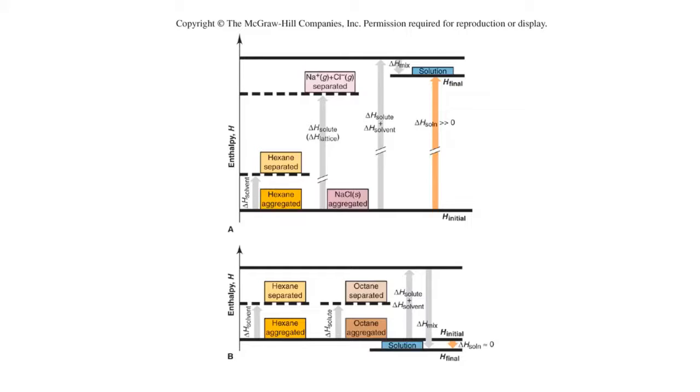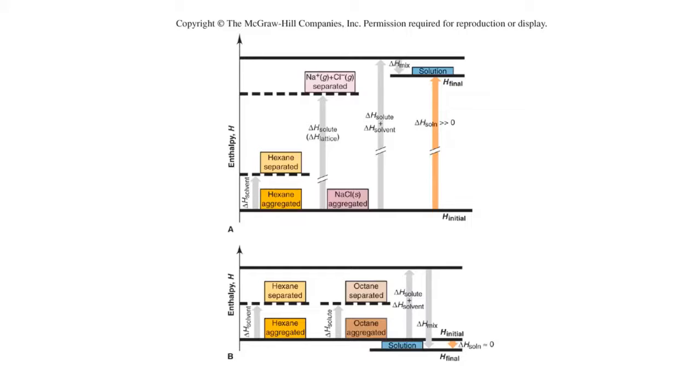If I try to dissolve salt in this, we normally wouldn't think of being able to dissolve ionic things in something that only has dispersion forces. But if we tried to, we would find that there's a whole lot of energy that goes into separating the ions from one another compared to the hexane. And so our second arrow there is really big.